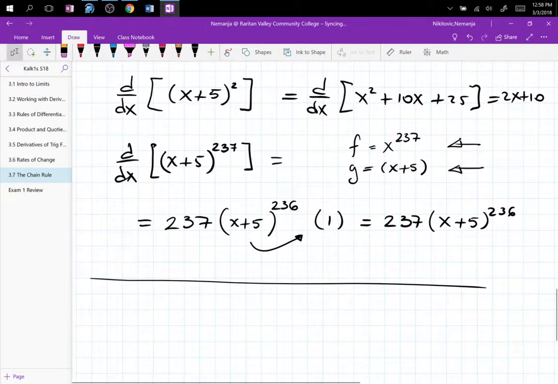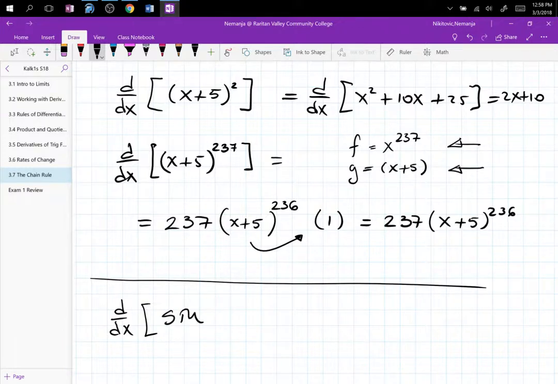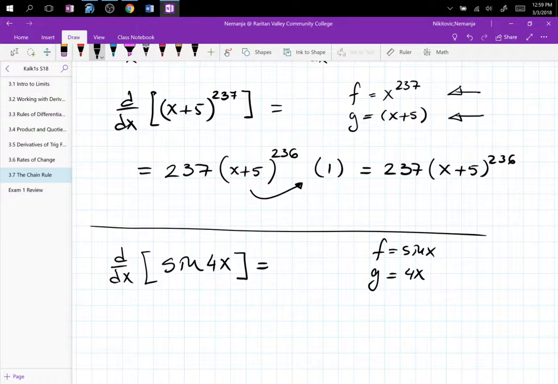Let's take a look at another example. The derivative of sine 4x. Well, f is sine x, and g is 4x. So when I plug in 4x, I get sine 4x. So now what do I get?